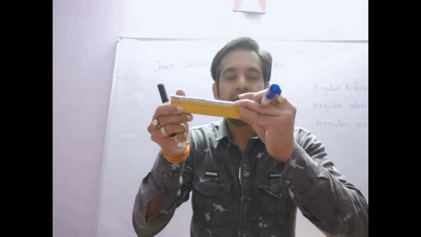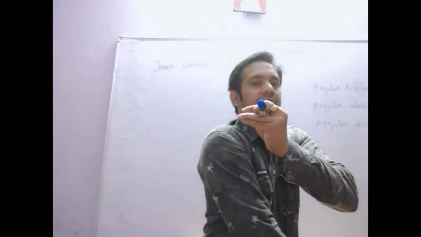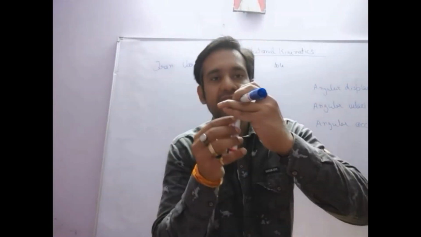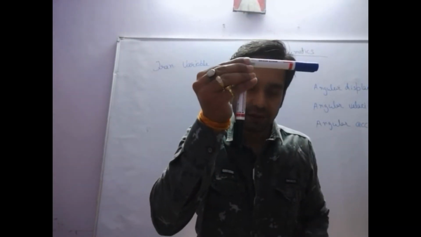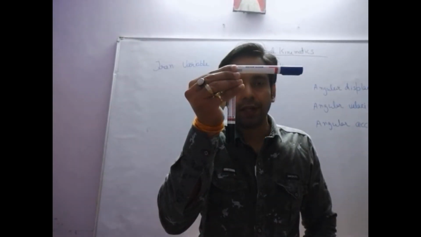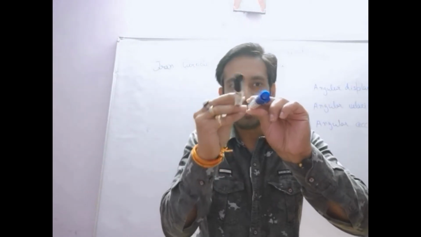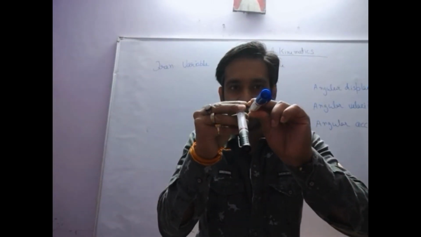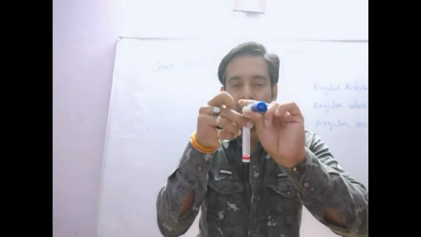So if we draw another axis perpendicular to this, we see the net change in position, this is the net change in orientation. This is its position 1, and it will shift like this and go below, to the vertical axis.